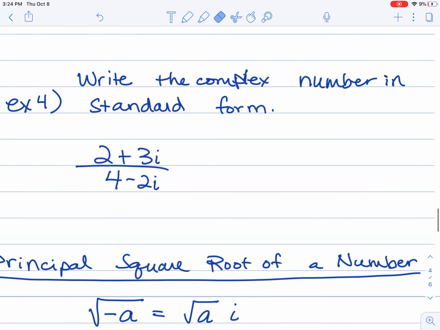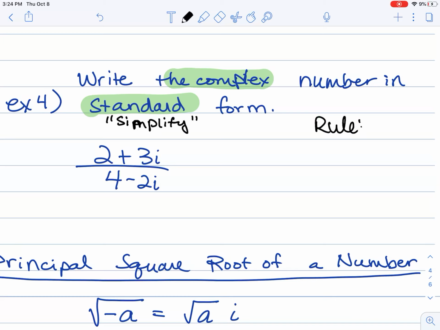So what if I said, write the complex number in standard form? Standard form just means basically to simplify it. And we have this rule in math that we can't have any roots in the denominator. And remember that technically i is a root.